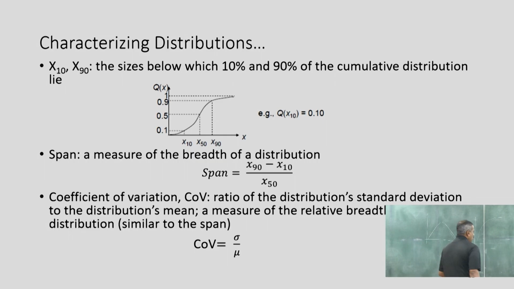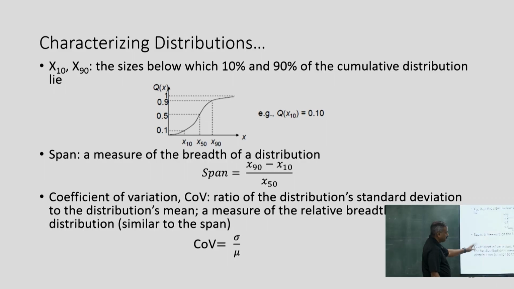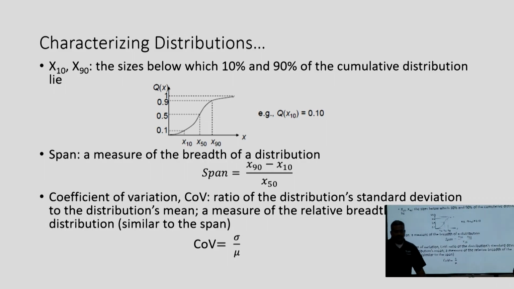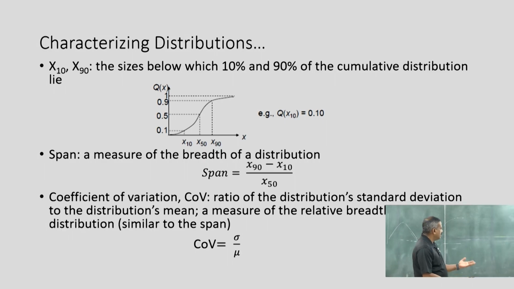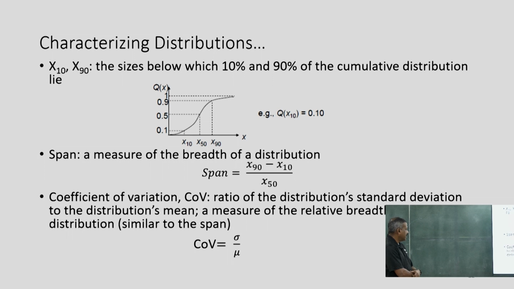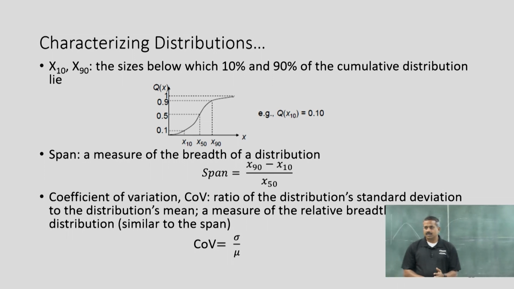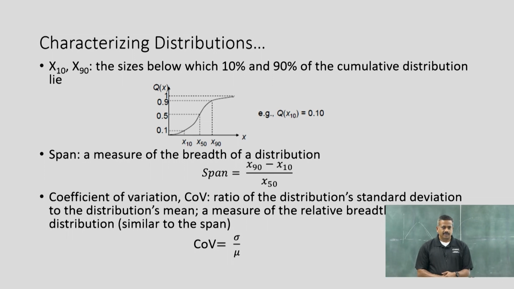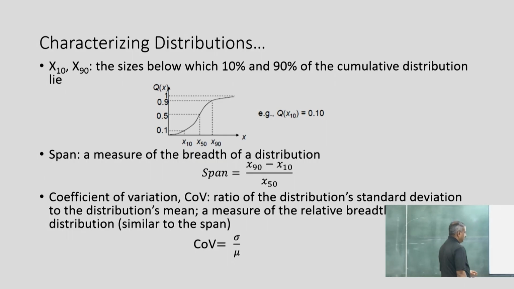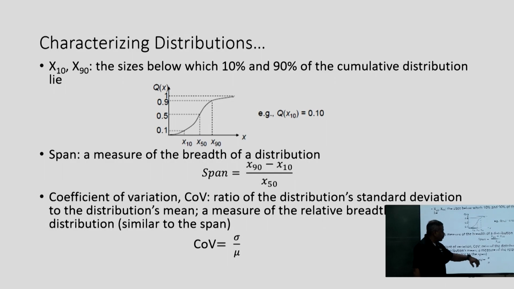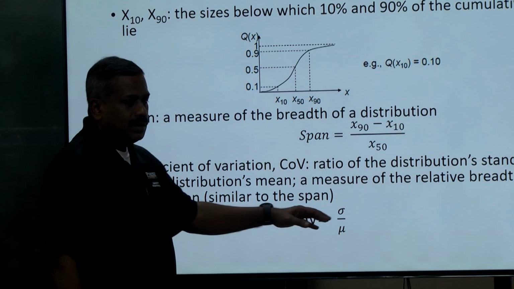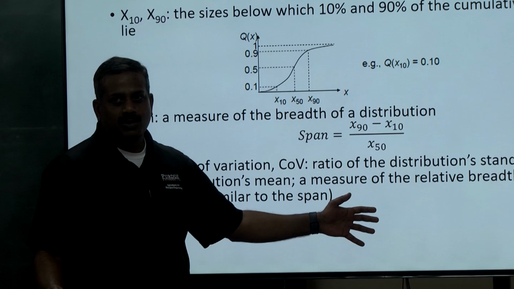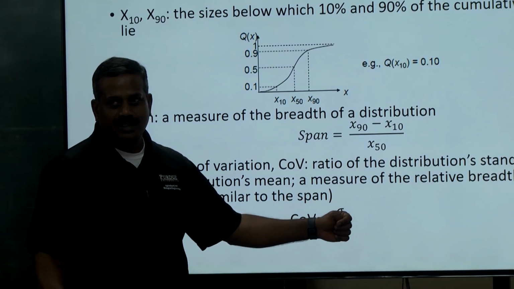And also the coefficient of variation, again from the standard deviation and mean. Sometimes we use it, but it's not very common, mostly we use the variance that I will talk about in a minute. But you can calculate the coefficient of variation too, right? I'm just asking one question, maybe you can get the answer later on, okay?